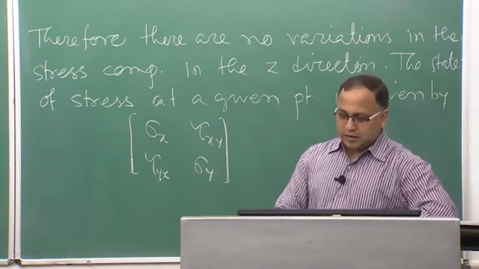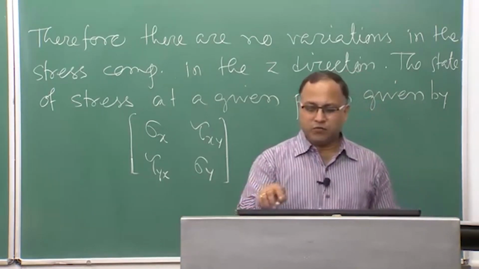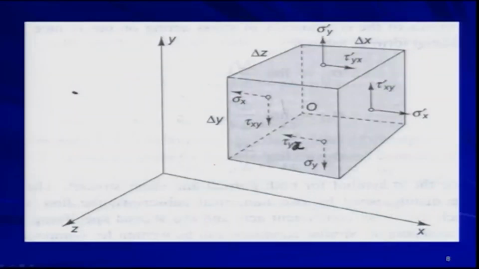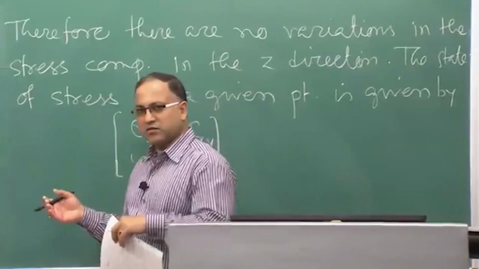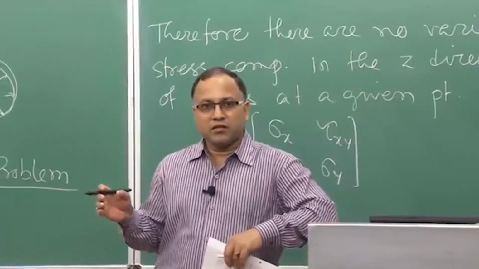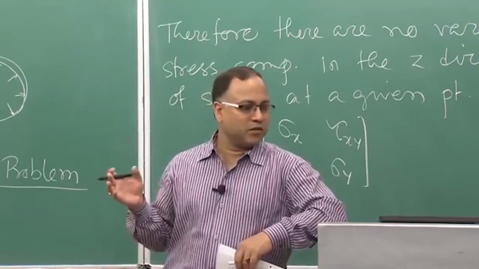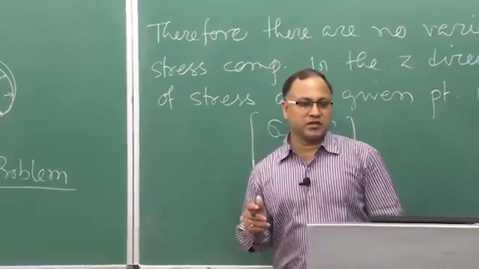Now in this figure, if you come back to what we saw in the last lecture, this defines your 3-dimensional state of stress, but when it comes to the plane stress problem, it will take this form. On the z plane there is no stress, that means sigma z, tau yz, tau zy are not coming into the picture.